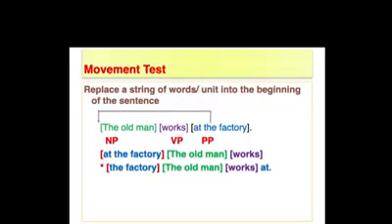It's no longer clear and meaningful. So this is an ungrammatical sentence. Which means that it's impossible to dissociate a preposition from an NP. And also it means that at the factory is considered a constituent. This is a string of words that constitutes one constituent.